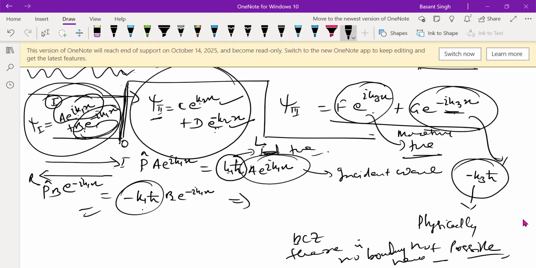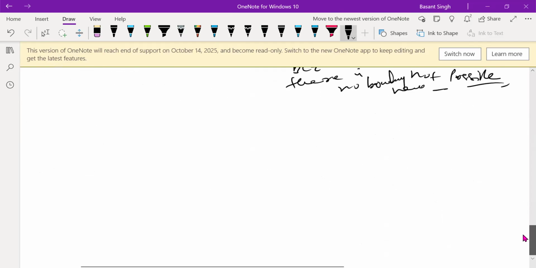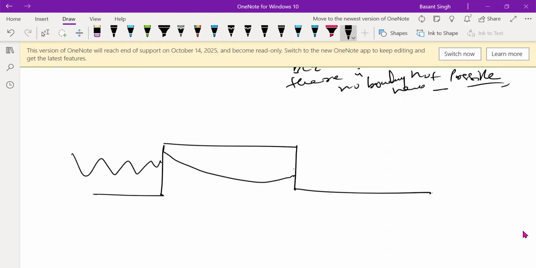So only this function lies in the third region. So we have seen that in the first region, the wave function is oscillatory. In the second region, the wave function is decaying. And in the third region, the wave function is also oscillatory.